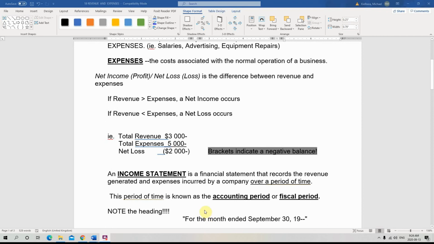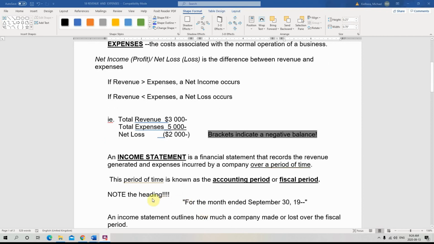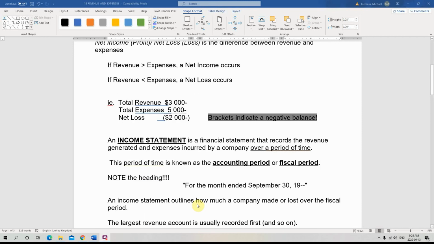Now, the heading of an income statement is a little bit different from a balance sheet because it covers that period of time. So our last line in our heading will be for the month ended, or for the 2 weeks ended, or for the 3 months ended, whatever the fiscal period is. That's what you're going to have to put at the top of your financial statement.